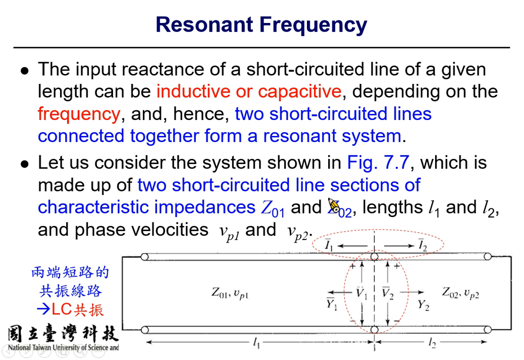So the characteristic impedance of the line on the left and the characteristic impedance of the line on the right can be arbitrary values, and so can the length of the two lines, as well as the phase velocity. And to create a resonance, we are supposed to have an inductive reactance.